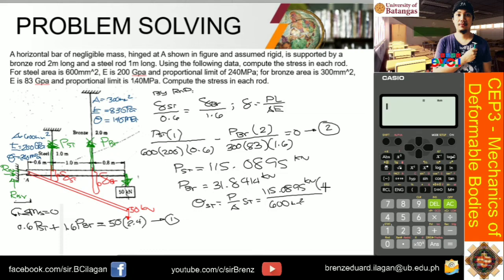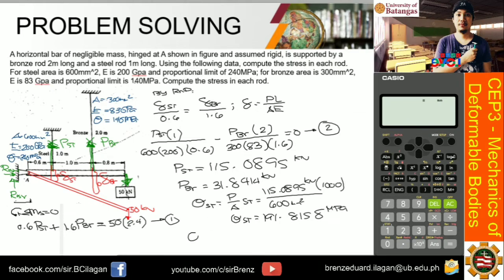So ito guys, multiply na lang natin ng 1,000 to make it in megapascal, okay? The stress in steel is equals to 115.0895 times 1,000 divided by 600. The answer here is 191.8158 megapascal.